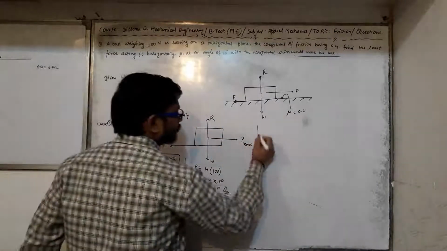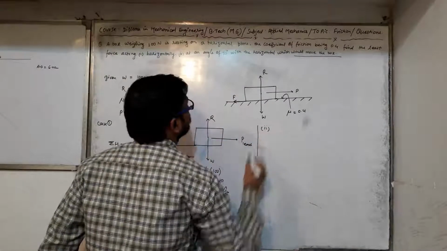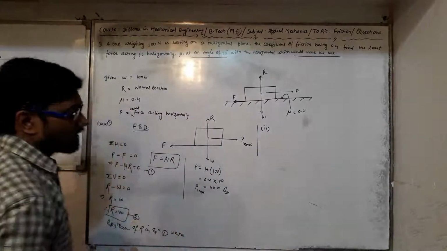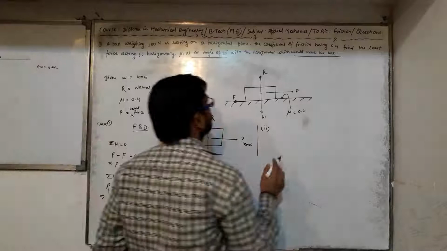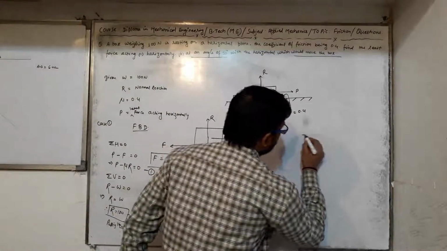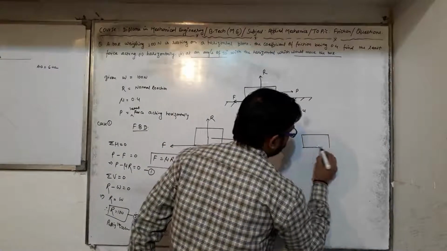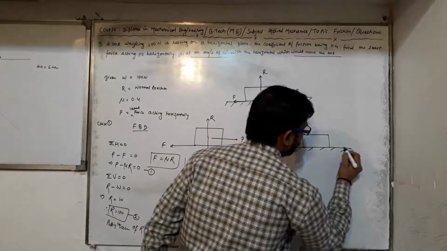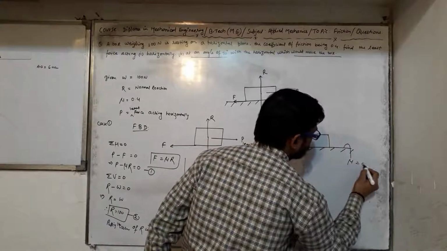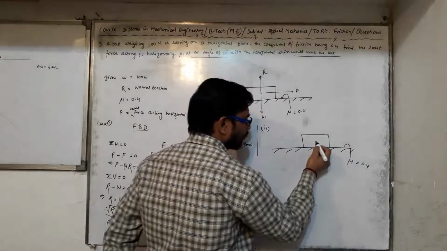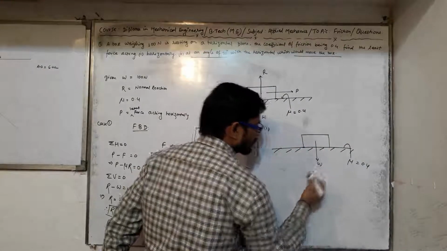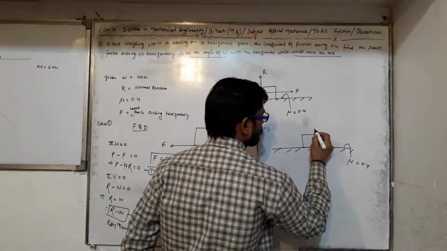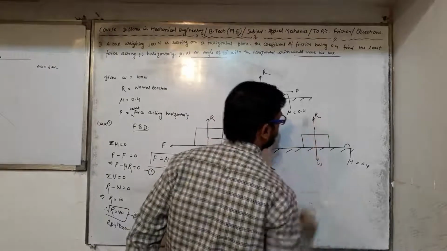Another part, the second bit here, says at an angle of 30 degrees. So I must draw another figure for this case. Say the body is kept horizontally like this on the surface, and the surface is rough, hence mu, the coefficient of friction, is given as 0.4, and the weight of the body is acting in the downward direction, say W, and normal reaction is acting vertically upward.